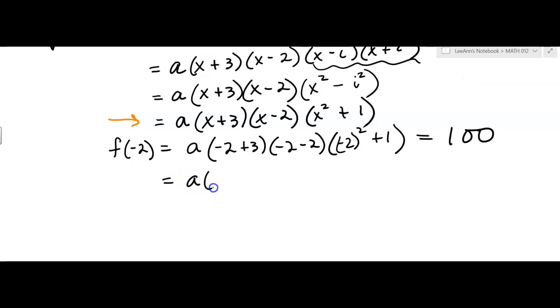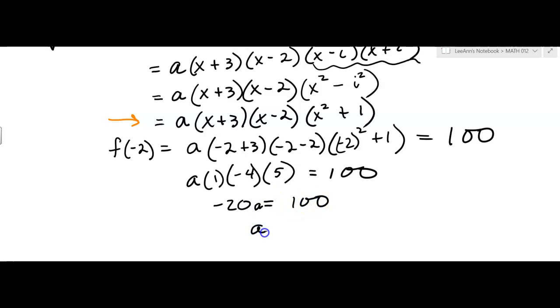So I get a times 1 times -4 times 5, and that's equaling 100. I'm going to erase this equal sign because it's bugging me. Okay, so then I get what? -20a equals 100, so a equals -5.